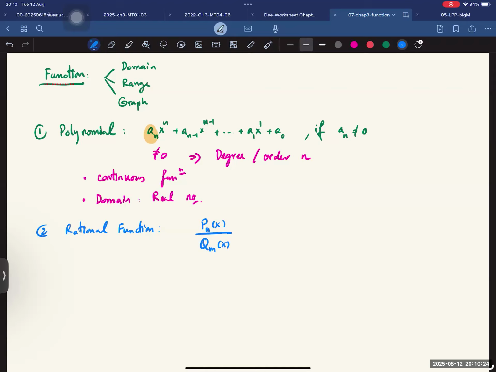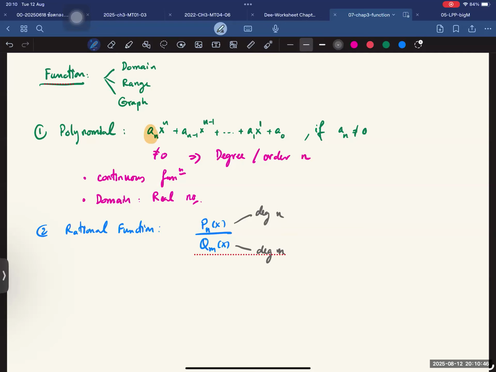P is a polynomial of degree n, and Q is a polynomial of degree m. So n may be equal to m, or sometimes it's not equal. All right, so this is a rational function.